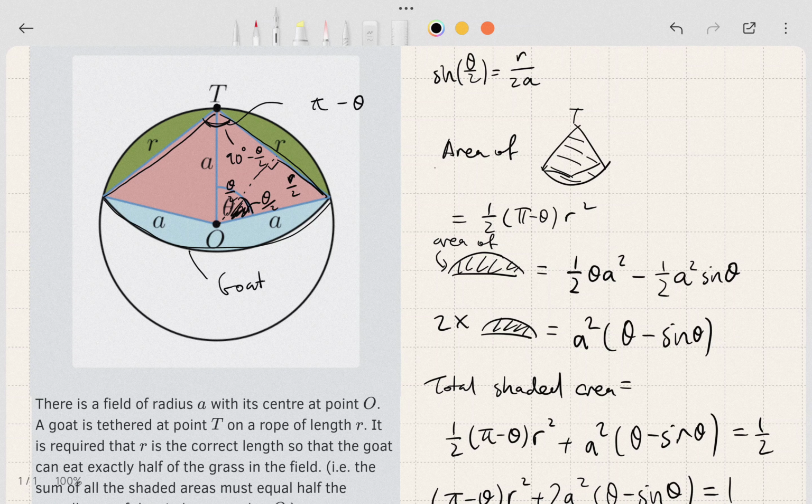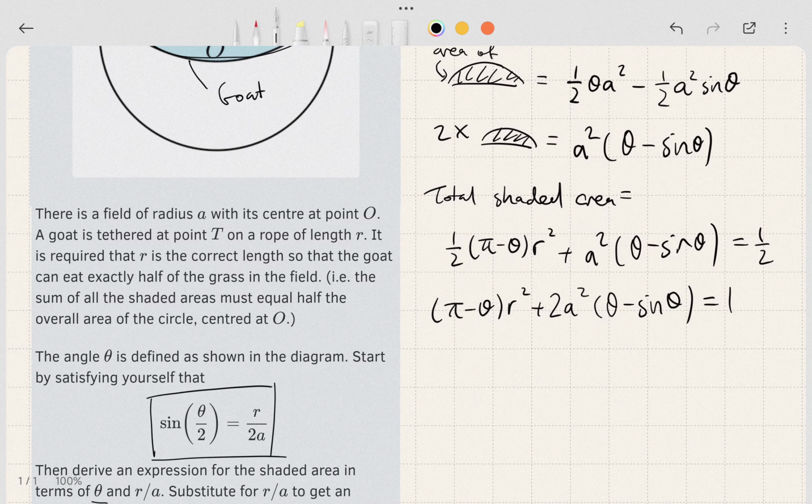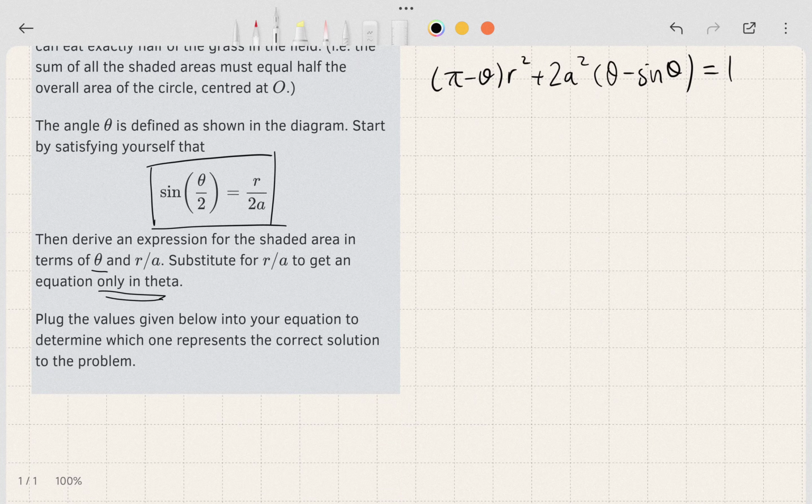So what you have to try to do here is, okay, you have that equation. How am I going to get the answer actually? Because we don't know.